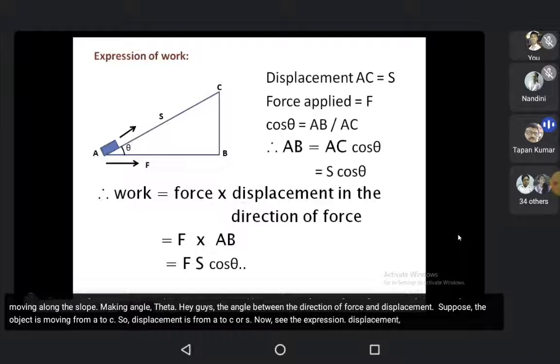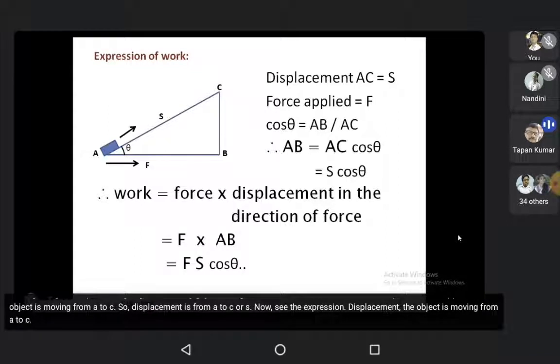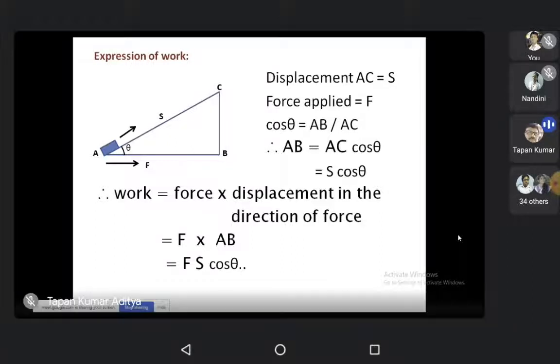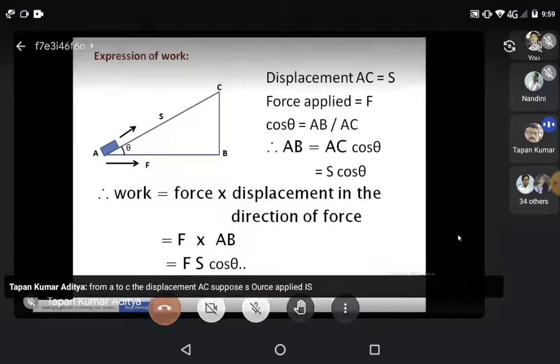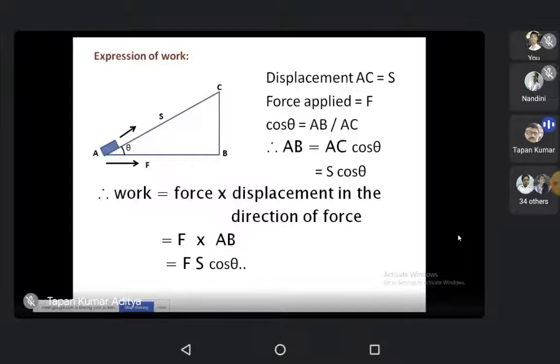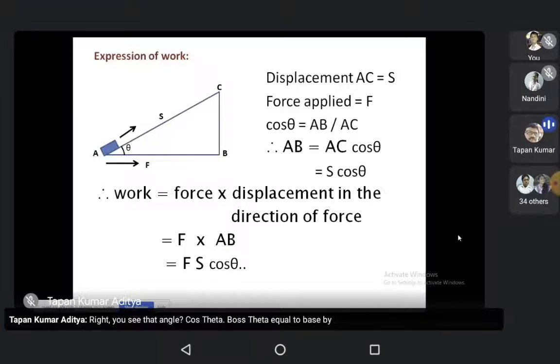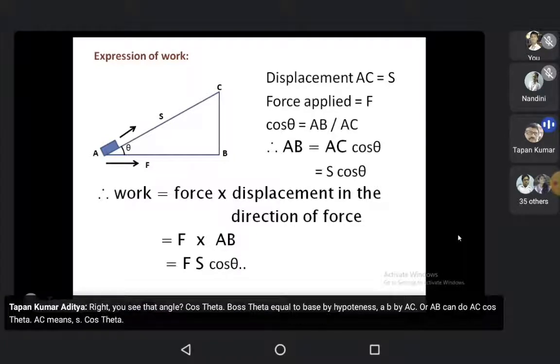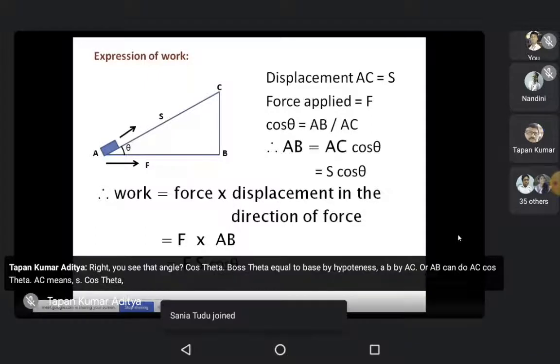The displacement is AC, suppose s. Cos theta equals AB by AC, so AB means s cos theta.